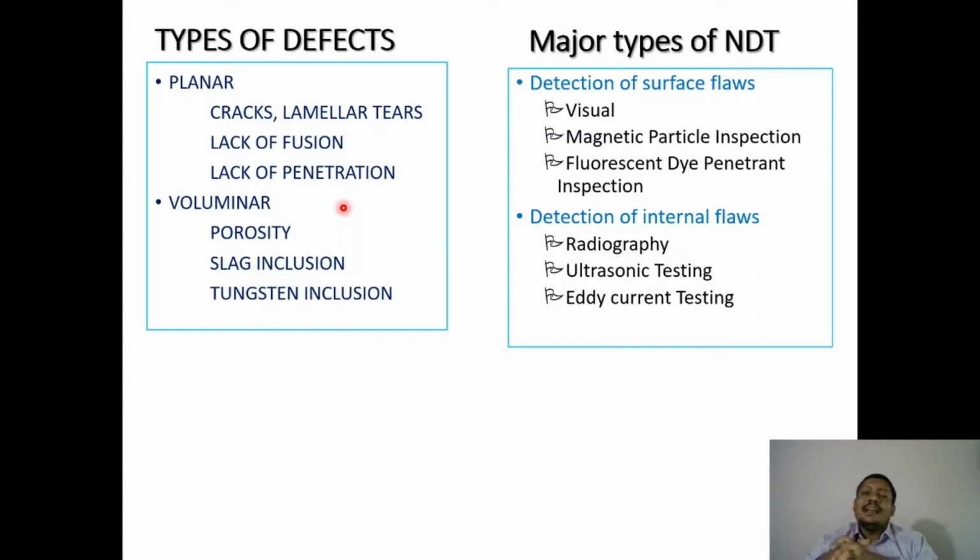So if I say the testing of weld joints, testing is done basically under two broad classifications. One is called destructive testing and the other is called non-destructive testing.